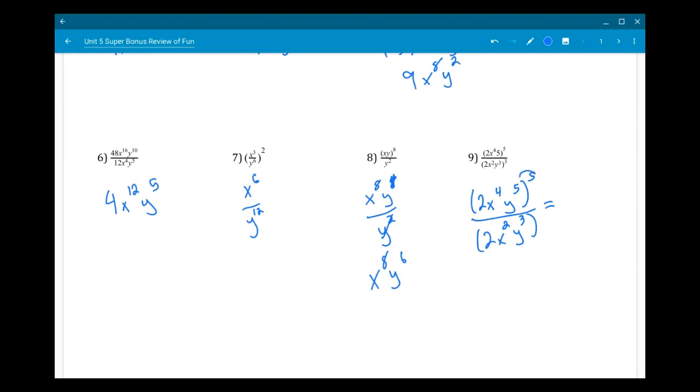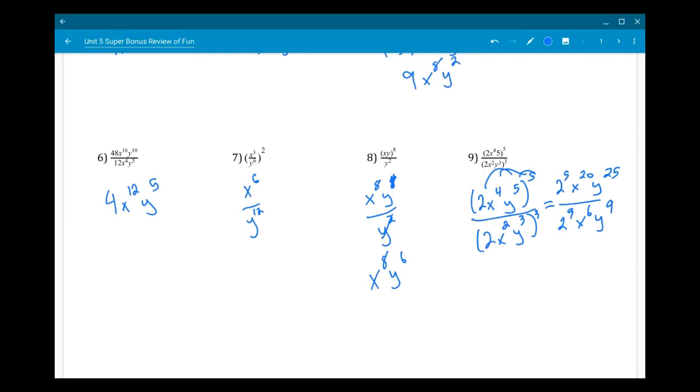So again, you're distributing that 5 exponent. You should get 2 to the 5th, x to the 20th, y to the 25th. And on the bottom, we should get 2 to the 3rd, x to the 6th, y to the 9th.